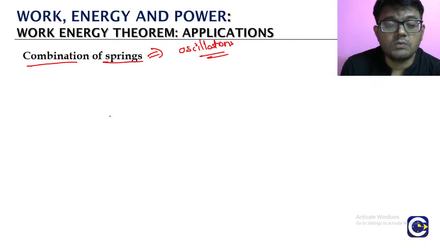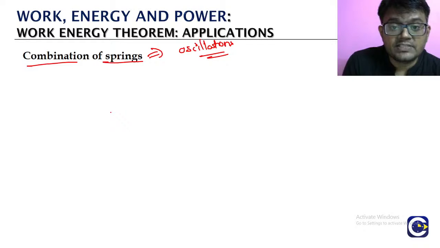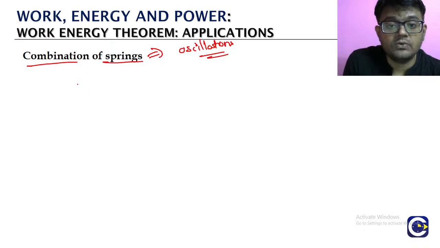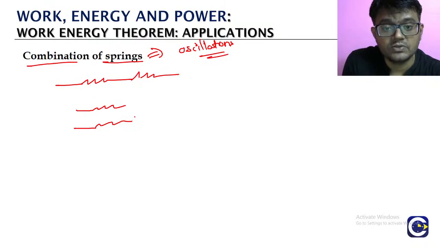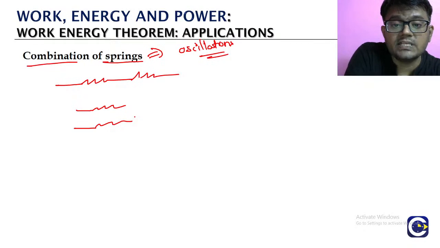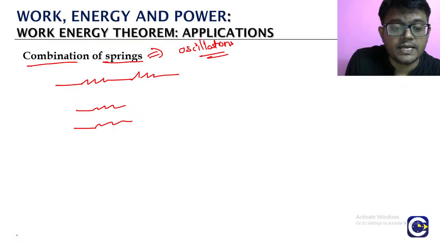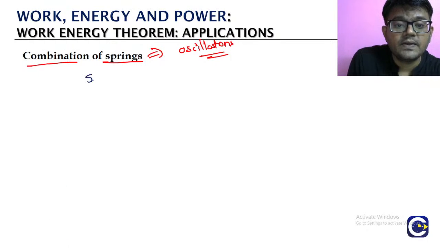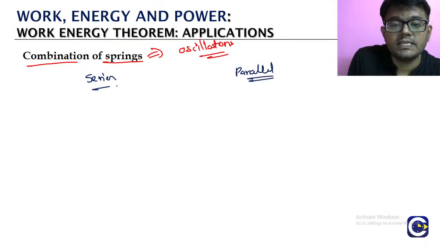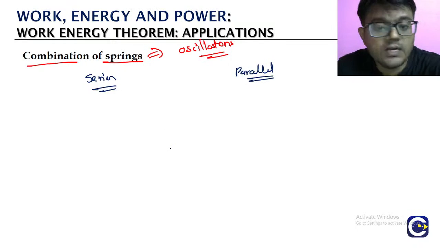Like in 10th standard physics we would have learned, if you have electrical resistors, we can keep them in series or in parallel. So here also we'll talk about arranging the springs in a particular format. Either we'll have the series combination or the parallel combination of the springs.